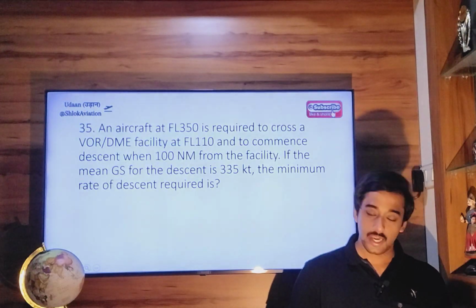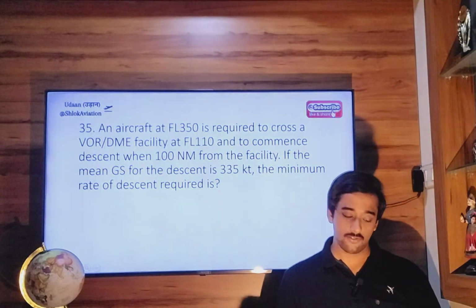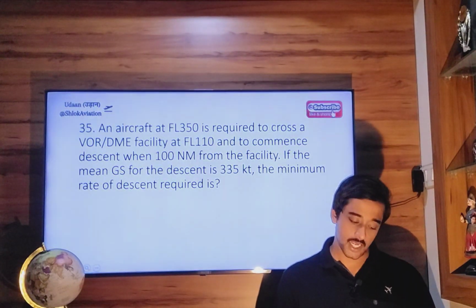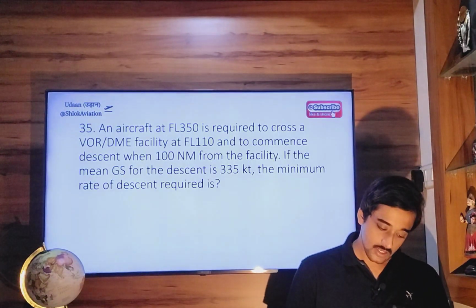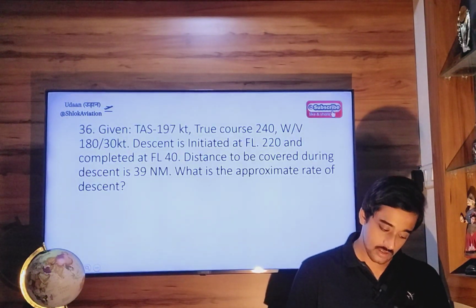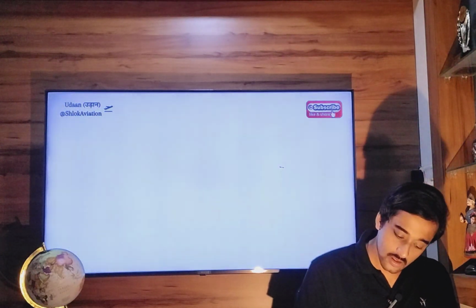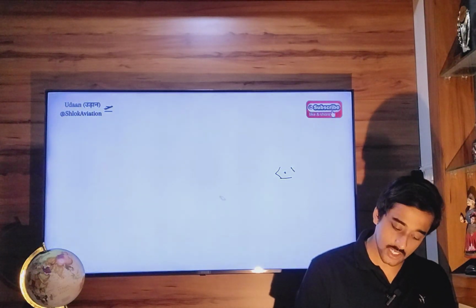Next. Aircraft is at flight level 350. It crosses a VOR DME facility at flight level 110 and it is 100 miles away from the facility. Speed is given. What is the rate of descent? So it's a VOR DME station, right?